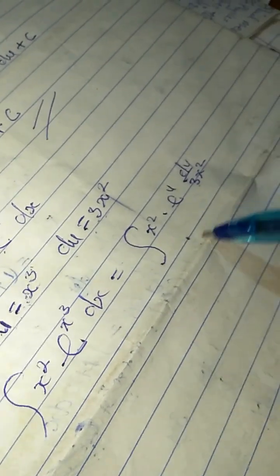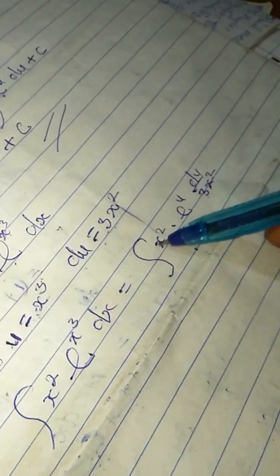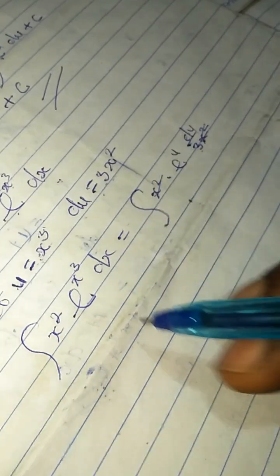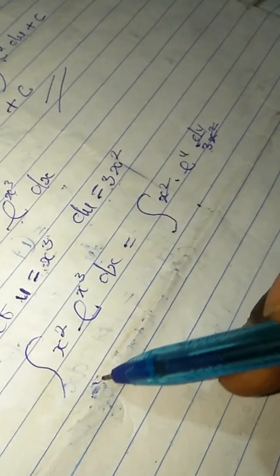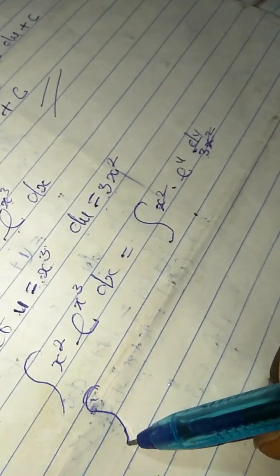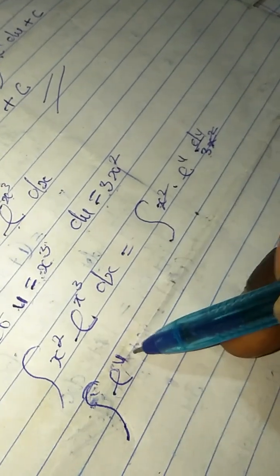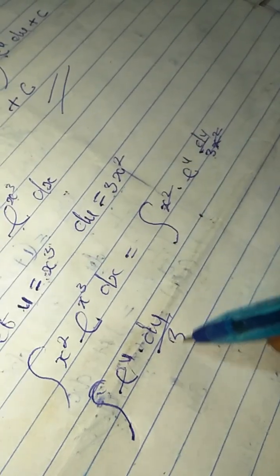So x squared will go with x squared, and we are left with the integral of e^u du over 3.